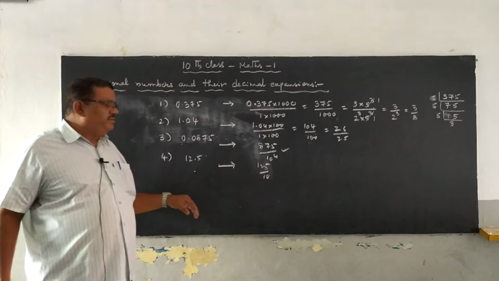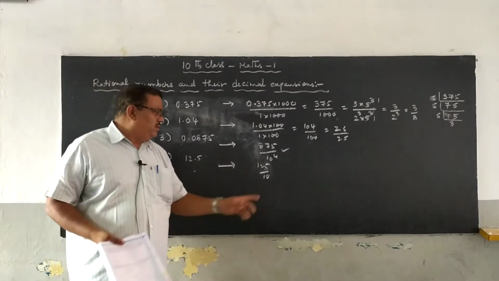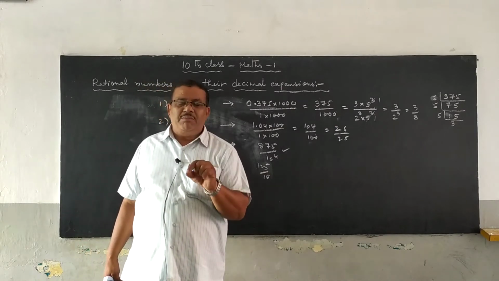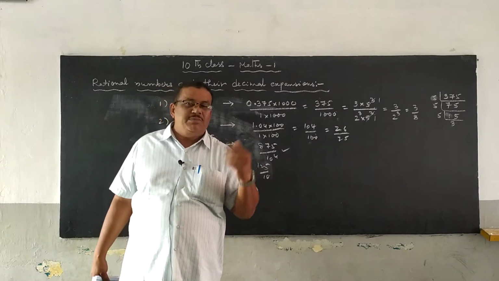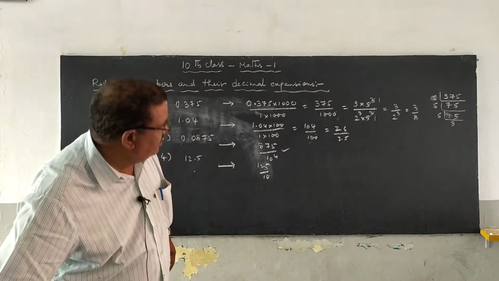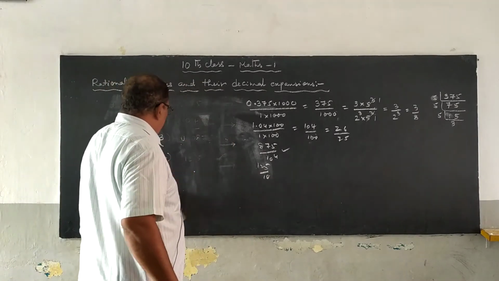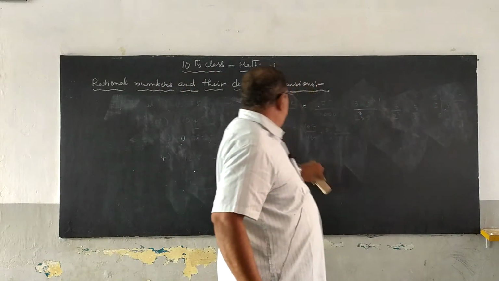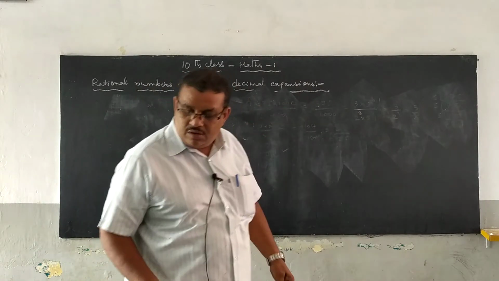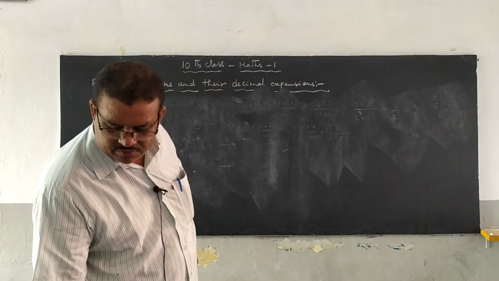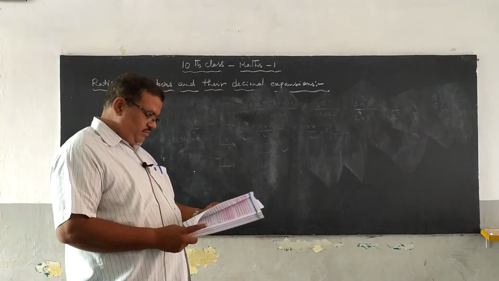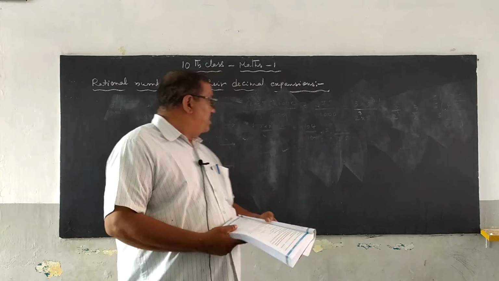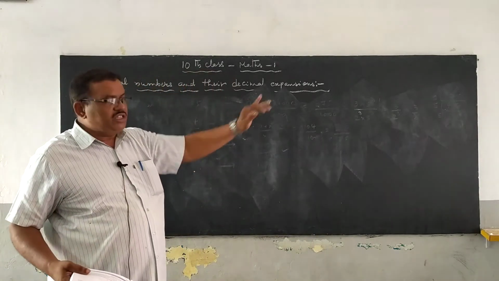After that, how do we change the rational number from p by q form to decimal form? Let us see here. We just have to see all these examples. The first example is, so this is the decimal representation changing to rational form.